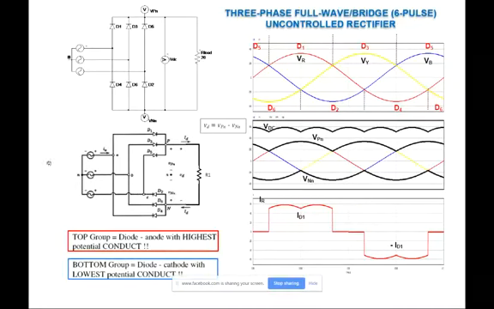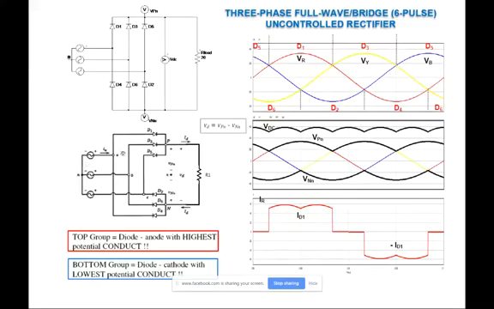Right, so before we go on to discuss the circuit operation, let's have a look at the points, the nodes that are very important in describing the circuit later on. We have the neutral point, which is the neutral or common of the three-phase supply.